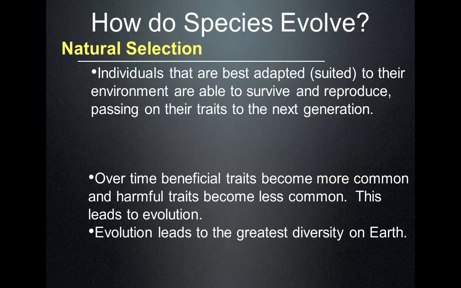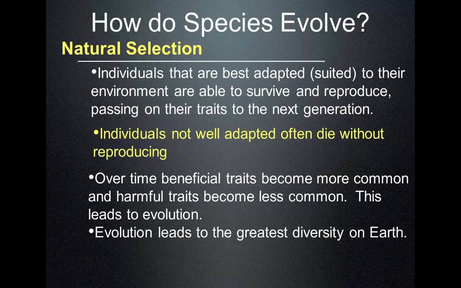In that case, with predators, the smaller, faster individuals might be better suited. They might be the fittest. Sometimes it's the ones that are camouflaged that are the fittest. Or sometimes ones that are brightly colored may survive better, and that's the fittest. So when we say survival of the fittest, what we're really saying is the survival of the best suited to that specific ecosystem, that specific situation. Sometimes it's big and strong, sometimes it's not.